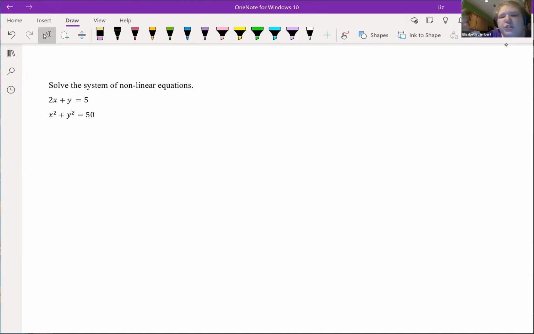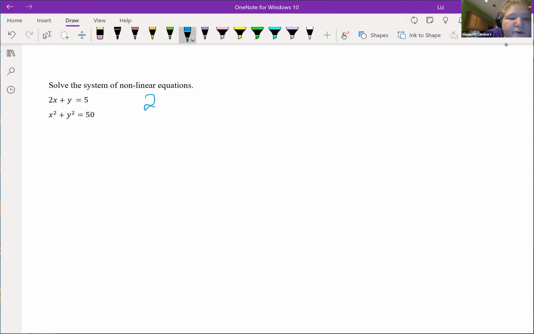Solving with substitution, I need to take an equation and get a variable by itself. In the second equation with the squareds, if I was going to get x by itself, I would have to square root. Same thing with y. I don't like square roots, so I avoid using them as much as I can. In the top line, I have 2x. If I was solving for x, I'd have to divide by 2. Don't want fractions. So we are going to solve for y in the first equation.